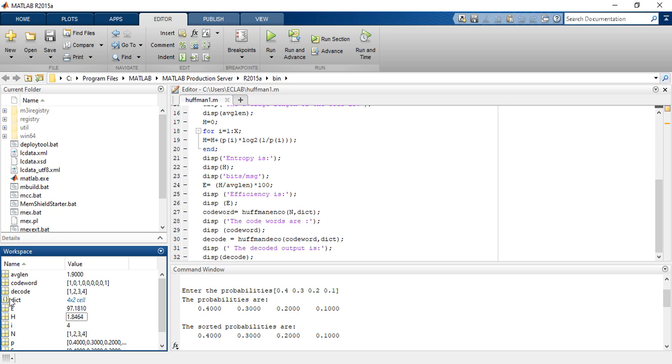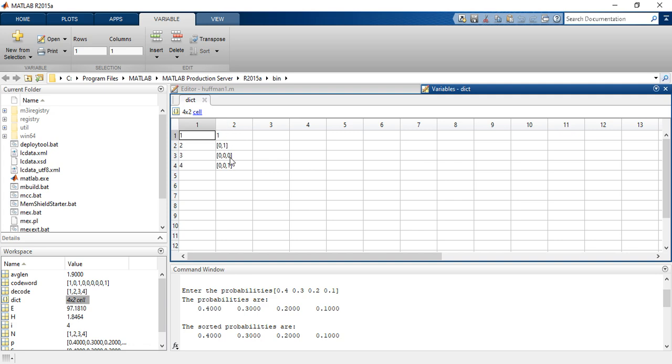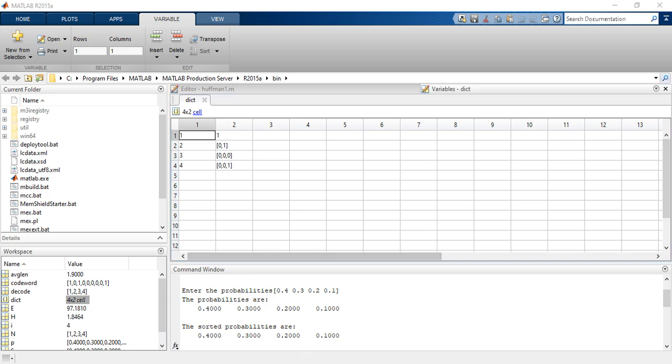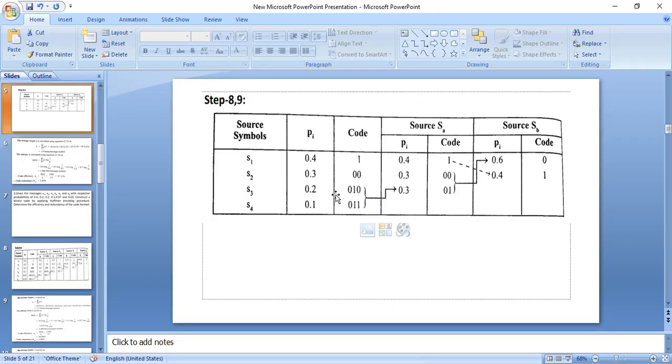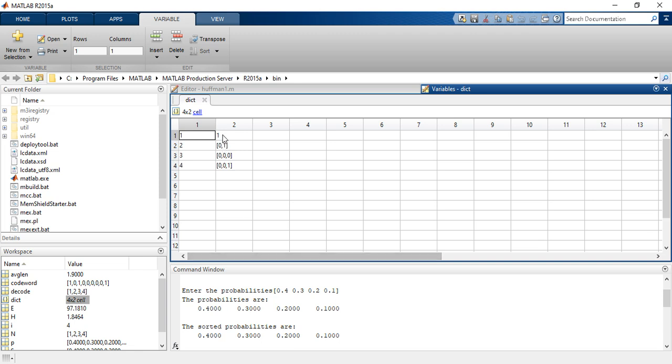You can observe in the workspace that the dictionary has the codes we got from the table; the same values are represented here in vector form. But the same codeword will be written in the codeword row-wise. So this is the final Huffman encoded data.